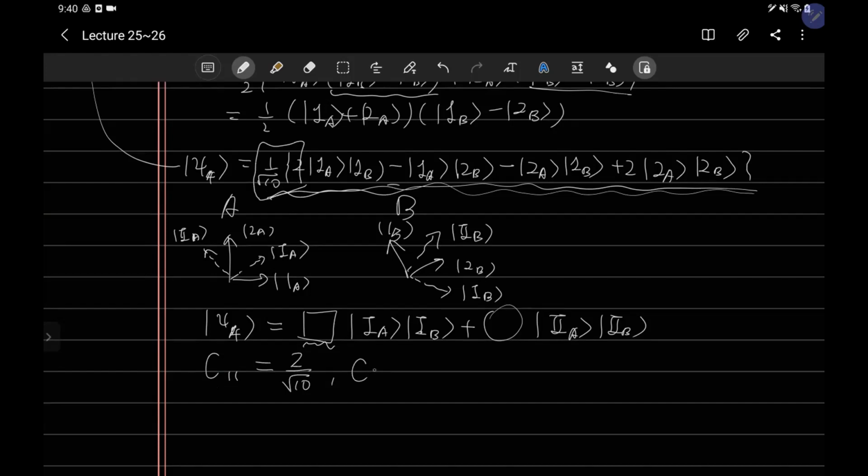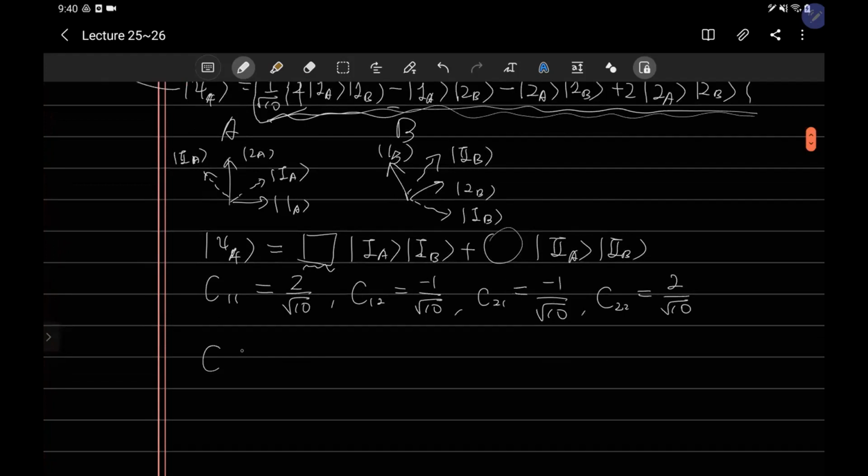For the 1, 2 component, I will obtain the coefficient here, which is -1 over square root of 10. And C21, I will obtain from this value, which is -1 over square root of 10, and finally the 2, 2 component comes from this coefficient, which is 2 over square root of 10.